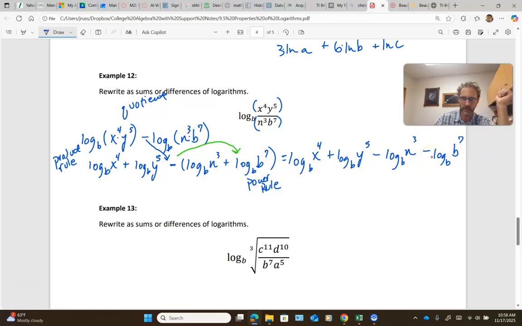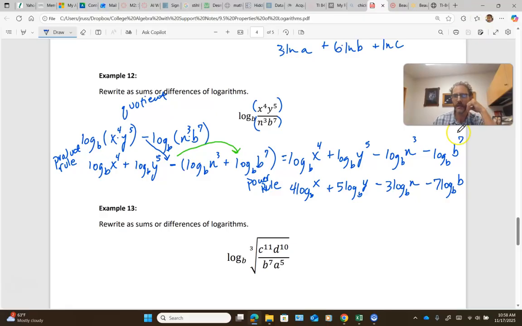So if I do that, this will become 4 times log base b of x plus 5 times log base b of y minus, move that exponent out, 3 times log base b of n minus, move that 7 out, 7 times log base b of b.